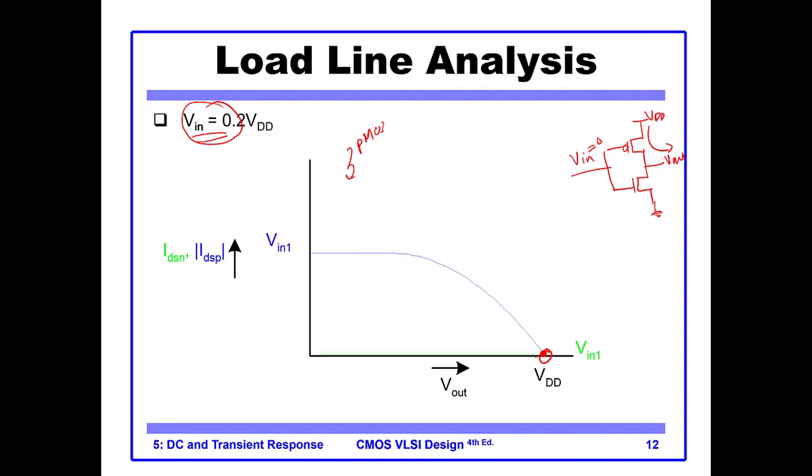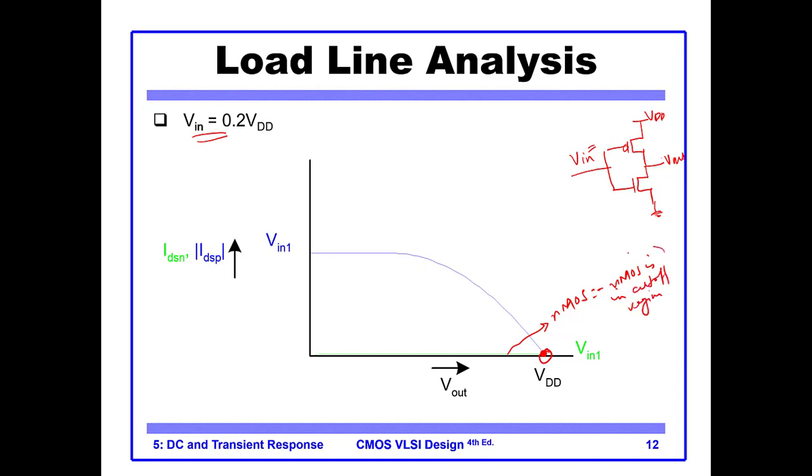Now let's come to the second case, in which Vn is equal to 0.2. It is basically 20% of the VDD. What happens in that case? You see there is a very small curve here for NMOS, which means that the NMOS is in the cutoff region.